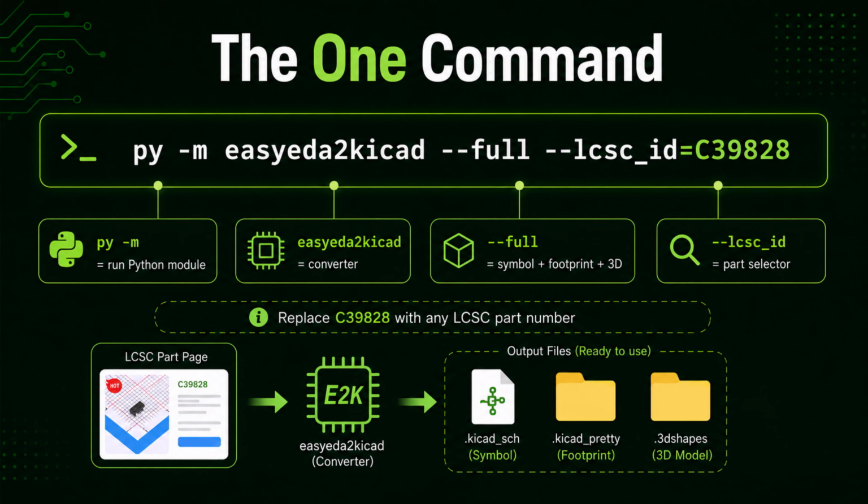The lcsc_id option identifies the exact component that must be downloaded. For another component, only replace C39828 with its own LCSC C-number. Keep all other parts of the command unchanged. After pressing enter, the tool connects to the available EasyEDA component data, converts it, and writes the KiCad compatible library files to the output directory.